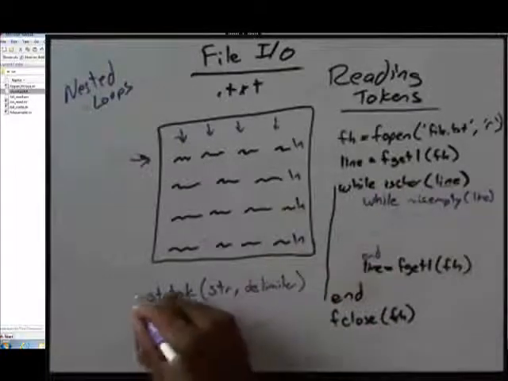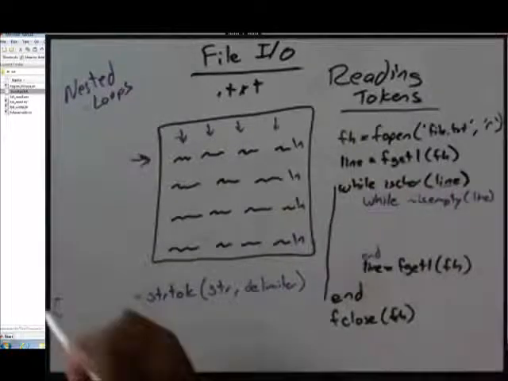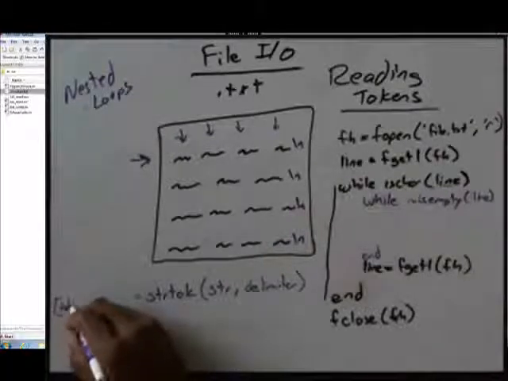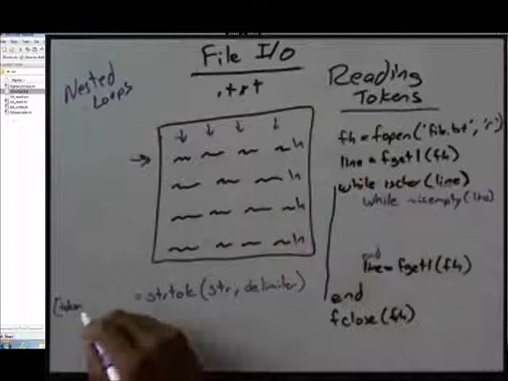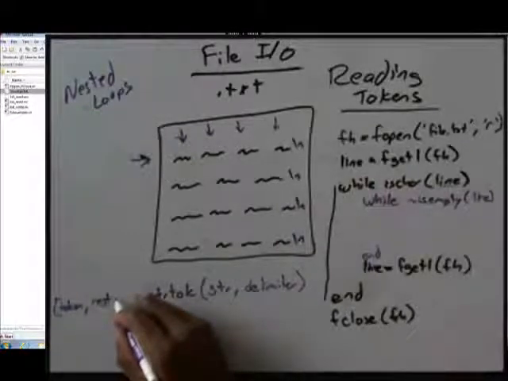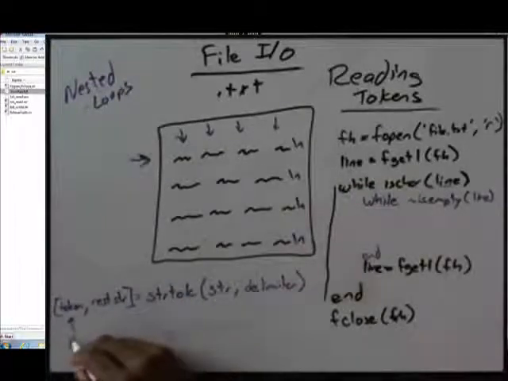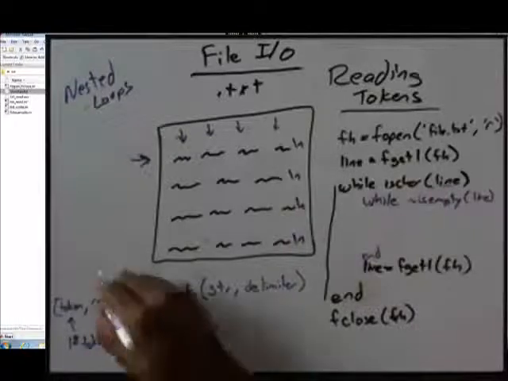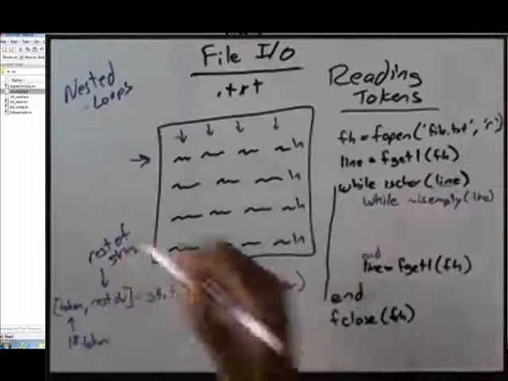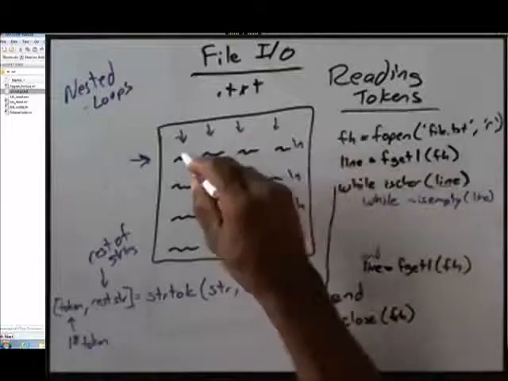What it's going to return is the first token in the string, and then it's going to give you the rest of the string.